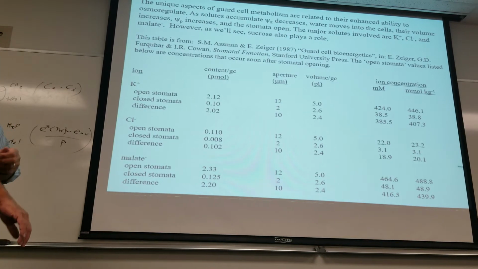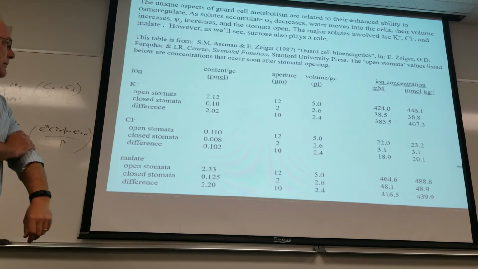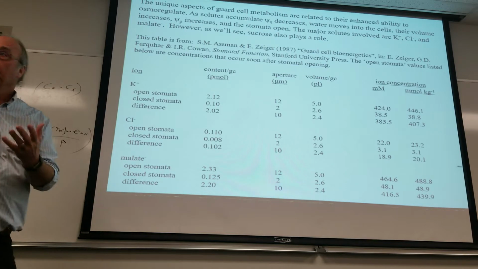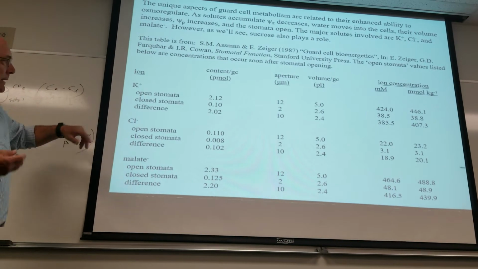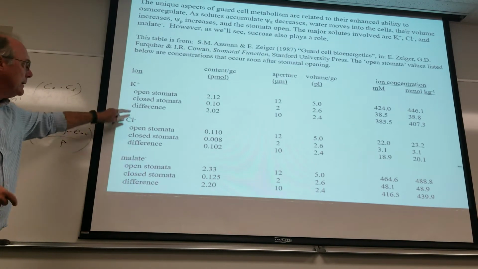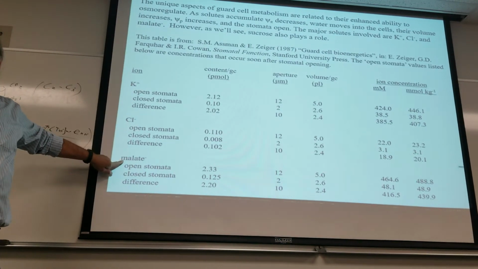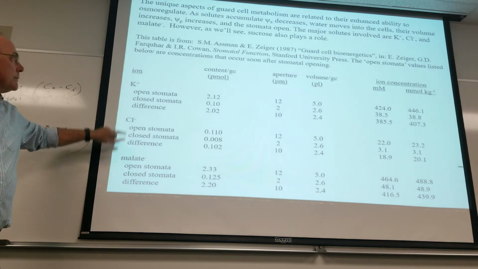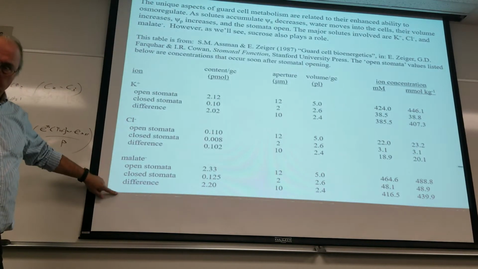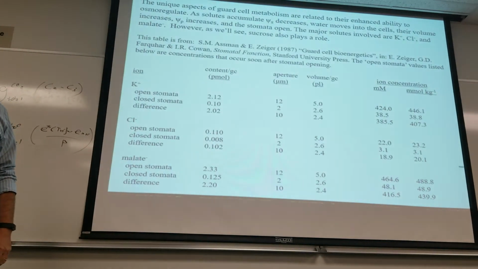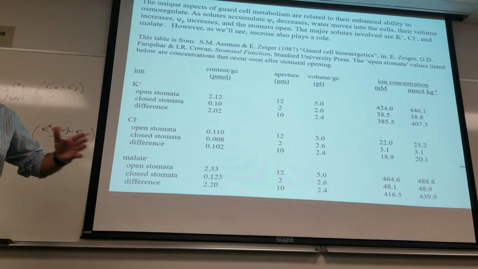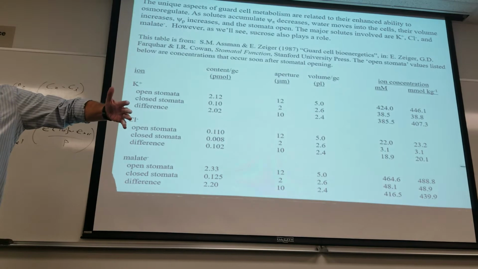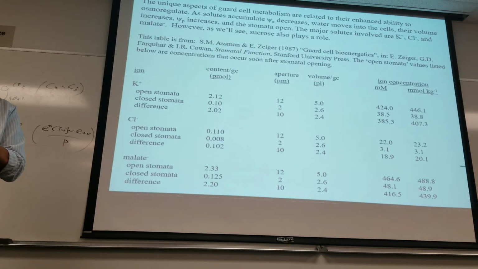And it shows the changes in concentration of some important solutes. Arguably, in addition to sucrose that we'll get to later, potassium, chloride, and malate. Potassium, chloride, malate, and sucrose are the four most important solutes in guard cells, whose concentration changes dramatically if the stoma is open versus if it's closed.